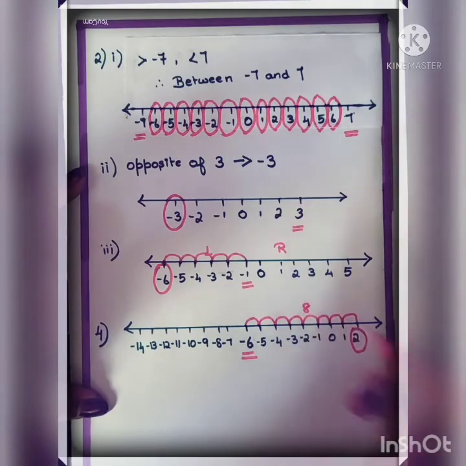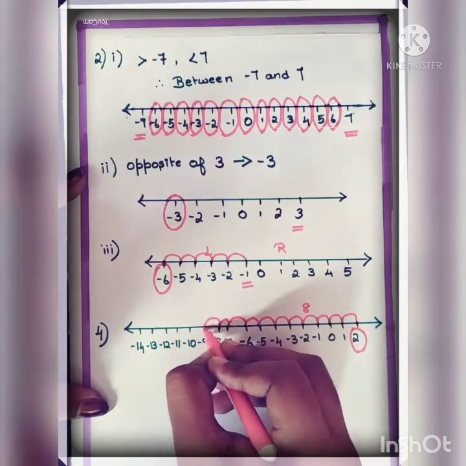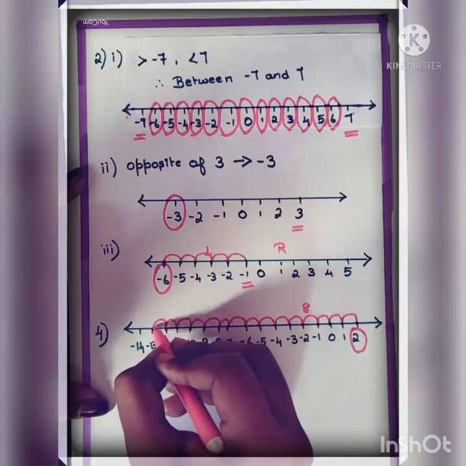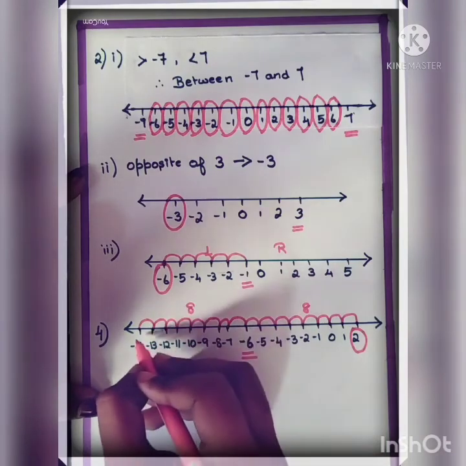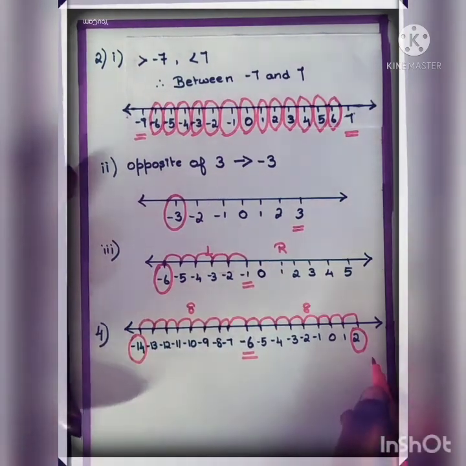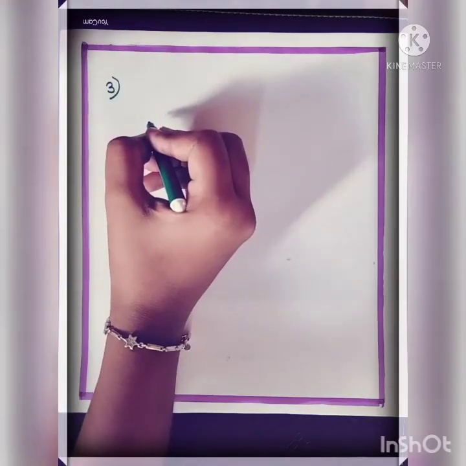So 8 units to the right side of -6 on the number line is 2. And moving in a similar way towards the left side of -6, we get -14. So 8 units to the left side of -6 is -14. So -14 and 2 are the two required integers.